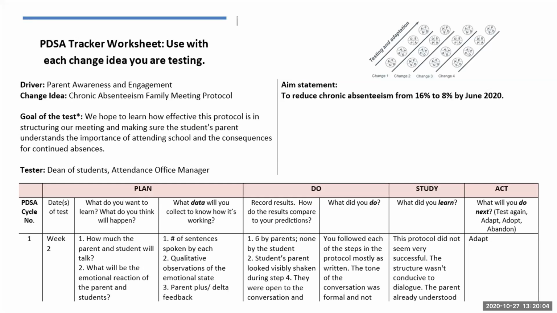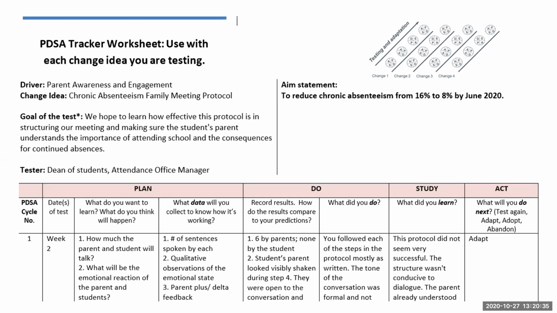So here's an example of the PDSA tracker that we've been using most recently with you all. And if this doesn't look familiar to you, your coach will definitely be introducing it to you very soon. And what this tracker allows you to do is to identify what driver you're working on. So this is an example from the simulation that we usually do at the start of all this around chronic absenteeism.